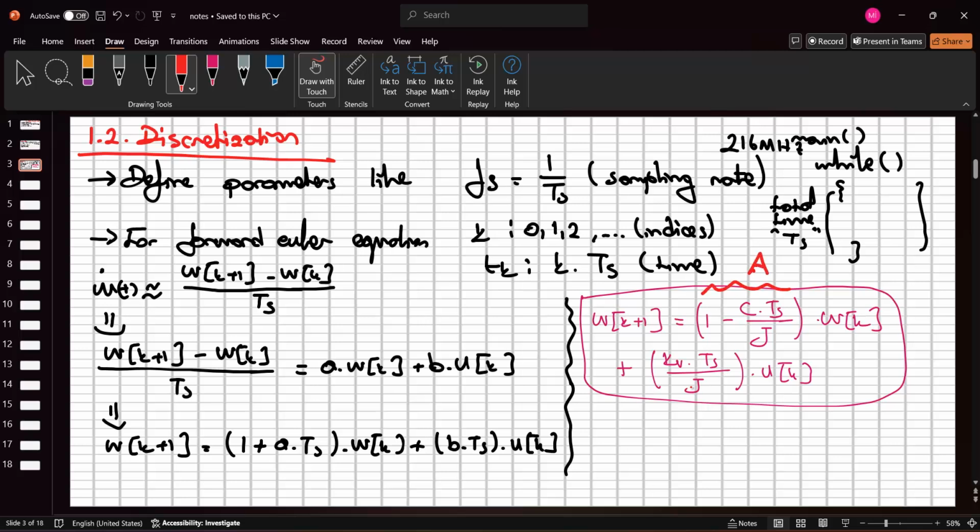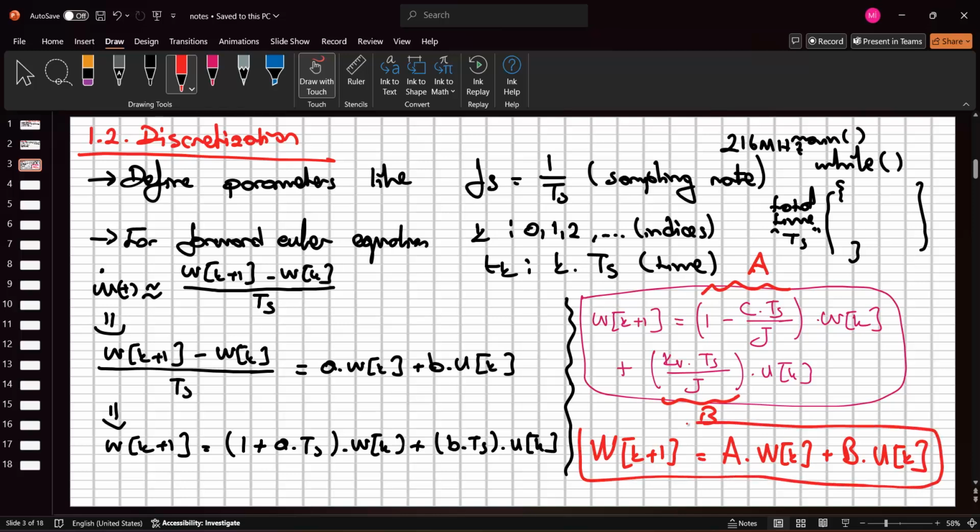This can be considered a bigger A, and this can be considered a bigger B, and so the last equation is: bigger w(k+1) is equal to A times w(k) plus B times bigger u(k). This is our discrete formulation for the given motor parameters.